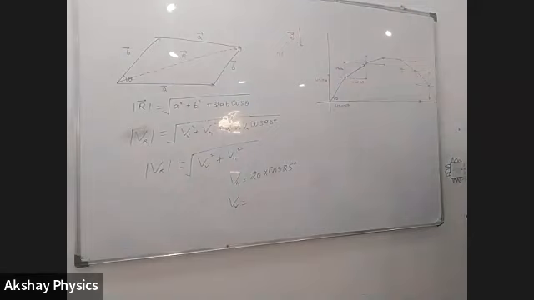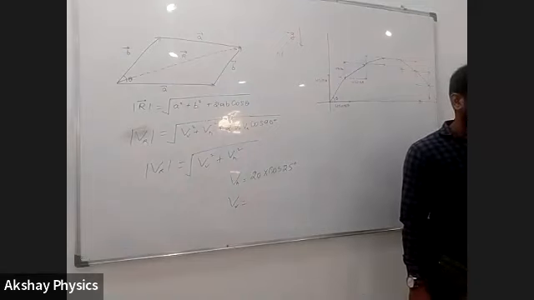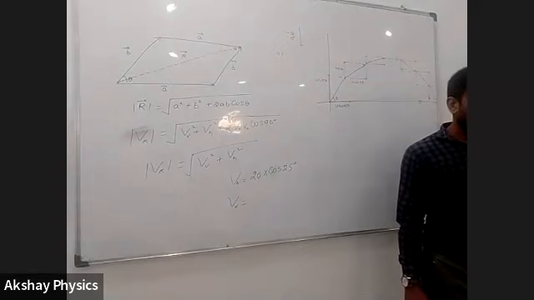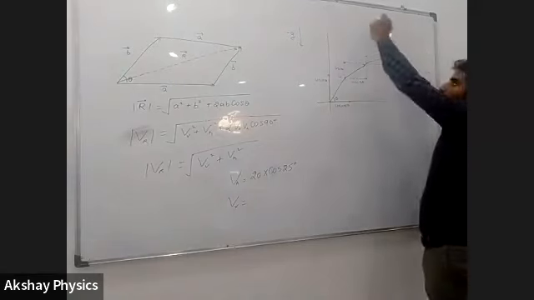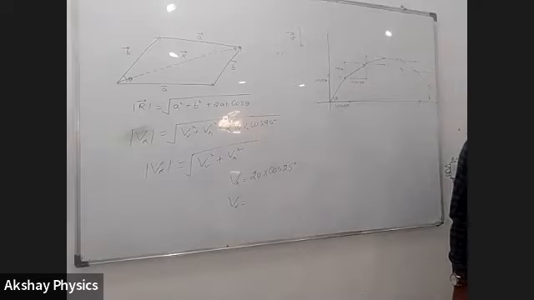Which formula did you use? Yes, V is equal to u plus at. So what u did you take? 0. And when the time came, when it started reaching towards the ground?